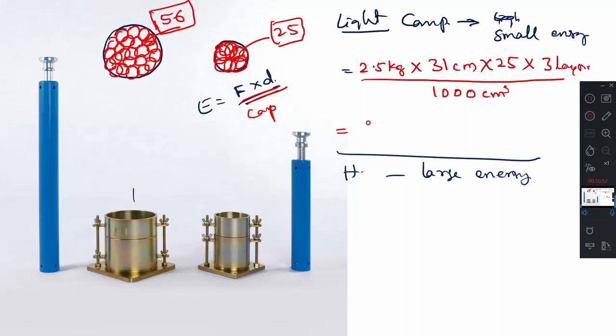This is 5.8125 kg centimeter per centimeter cube. Don't cancel it. Okay, kg centimeter per centimeter cube.